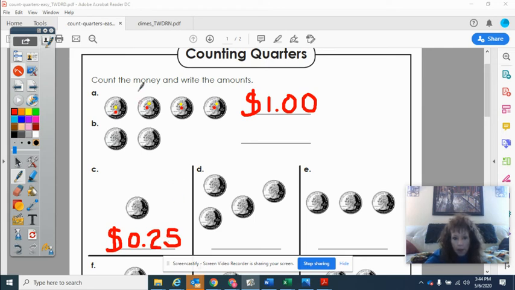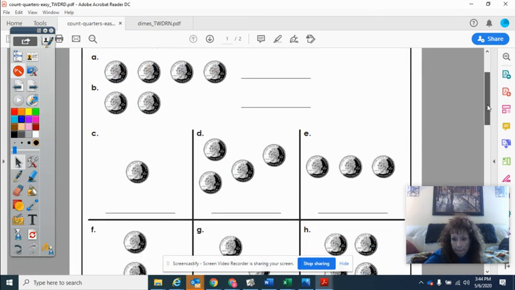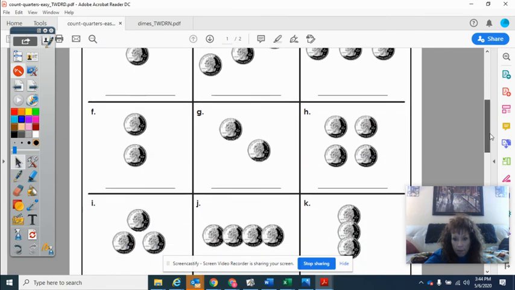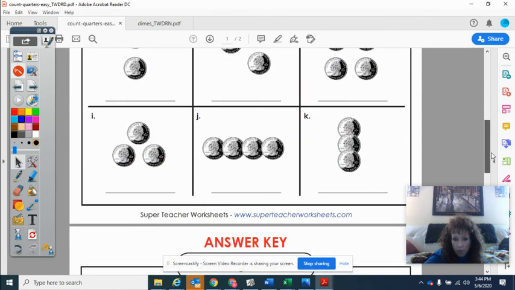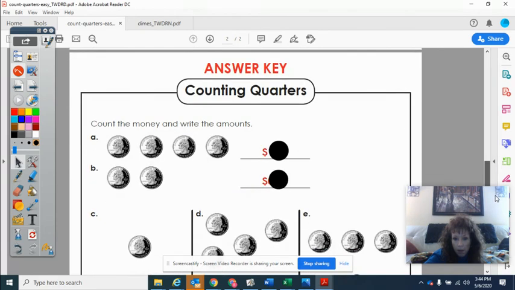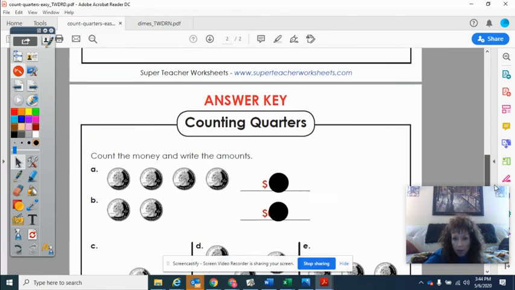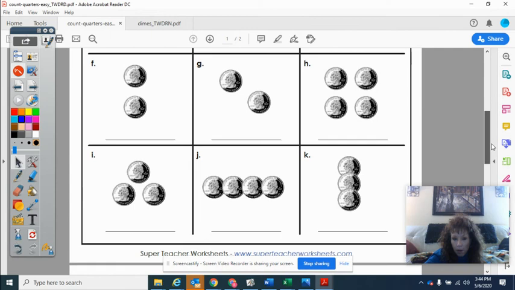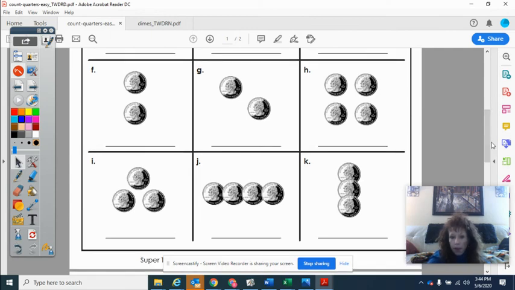Okay, so I've done letter A with you. Let's do one more and then I'm going to have you do the rest. In the answer key, you can see I blocked out the answers. So you're going to work those out on your own and send the answers back.